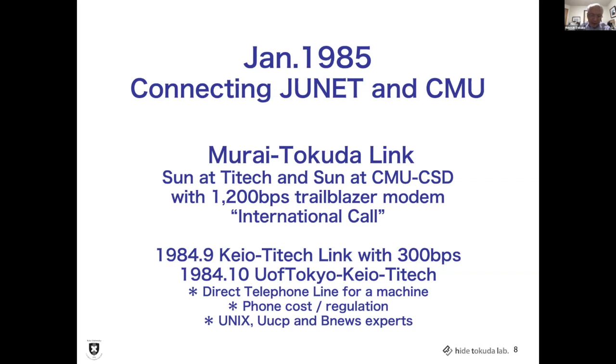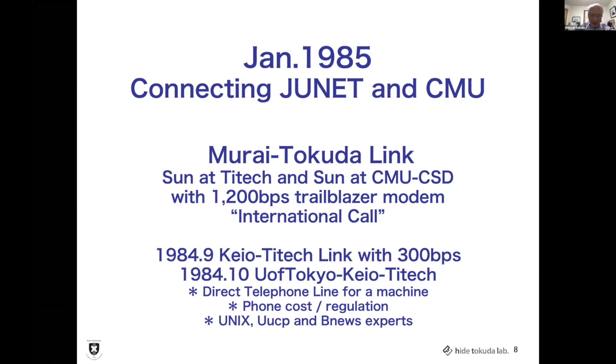Back in the 80s, there was a huge problem. The university couldn't set up a direct telephone line for, say, a Unix machine. All the telephone calls were for human beings, and it was very difficult to apply for a direct telephone line for machines. Another problem was phone cost. It was very expensive to send anything between US and Japan.